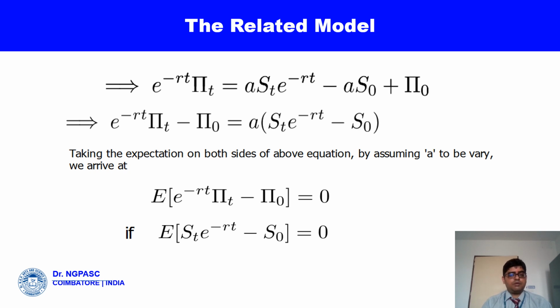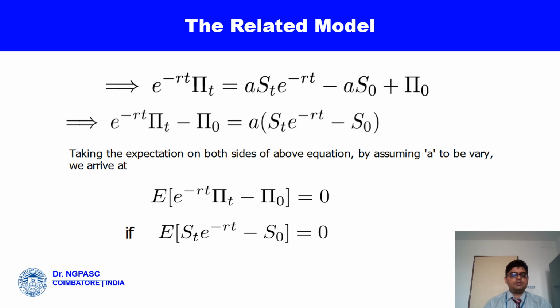Since I have to create a model that relates the portfolios at the initial time and the final time, the expectation of e^(-rt)πₜ minus π₀ should be equal to some constant, that is equal to 0. Now taking the expectation for πₜ and π₀: expected value of e^(-rt)πₜ minus expected value of π₀.